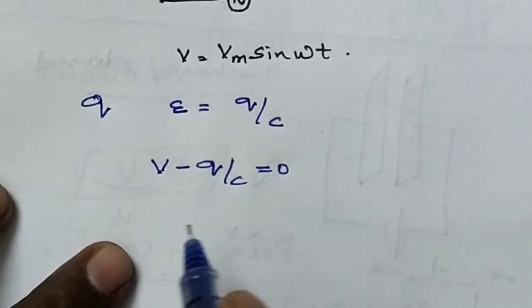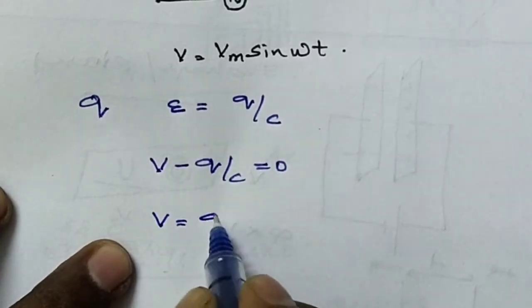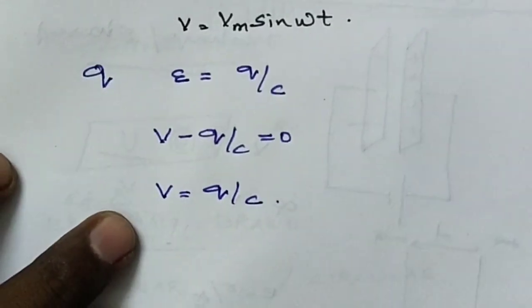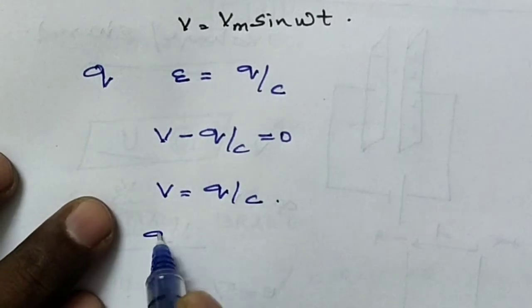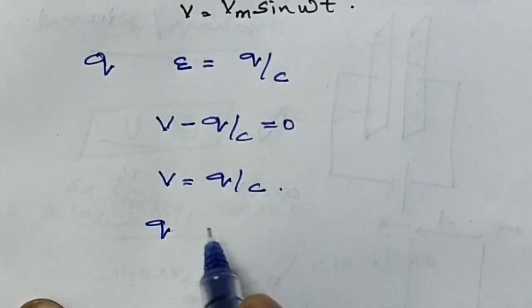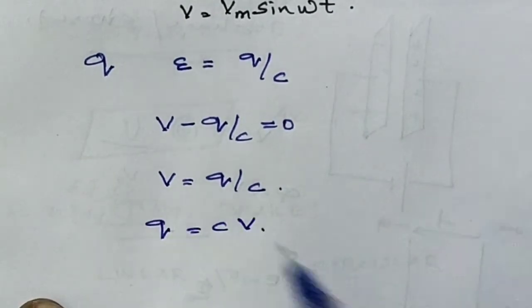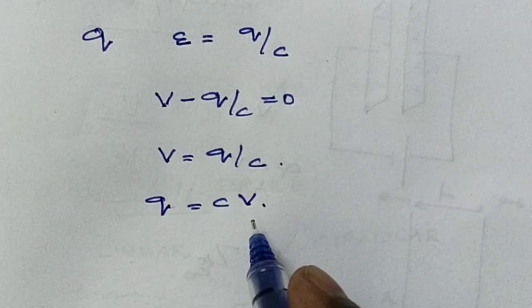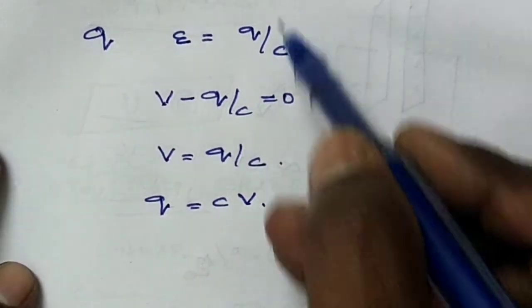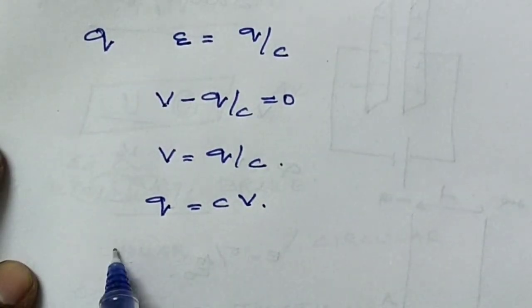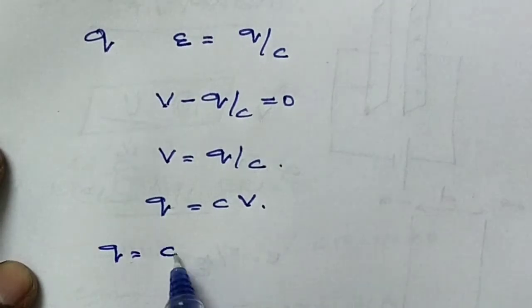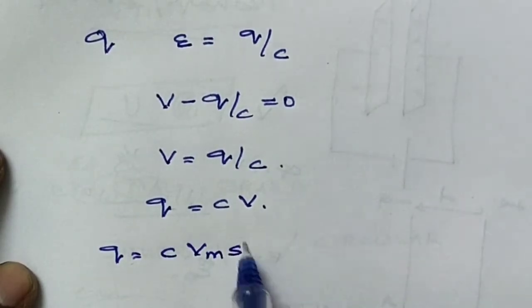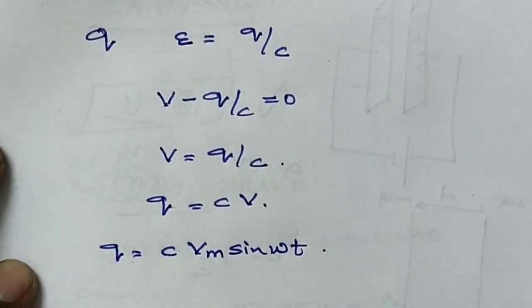Rearranging, V equal to Q by C, so the instantaneous charge is Q equal to CV. Since V equal to Vm sin omega t, substituting gives Q equal to C Vm sin omega t.